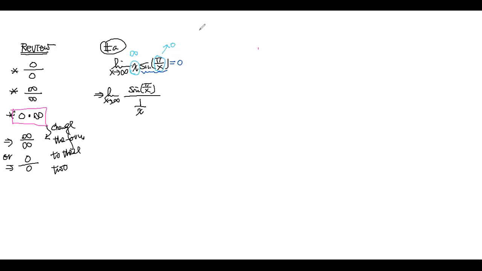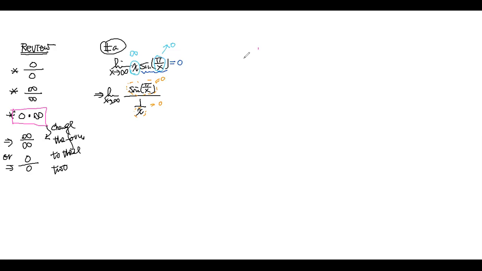Take a look again. After you switch this, when x approaches infinity, the sine term approaches 0. And the 1 over x, with x going to infinity, approaches 0. So now I've changed it to 0 over 0, and I can use L'Hopital's rule here.